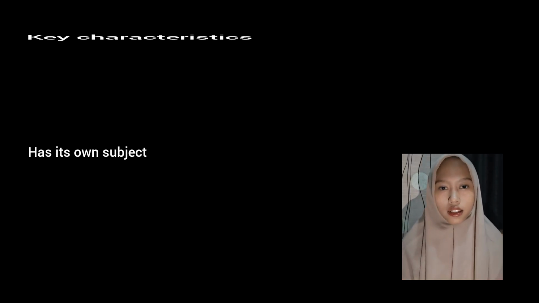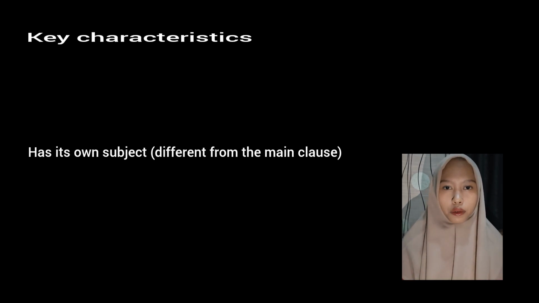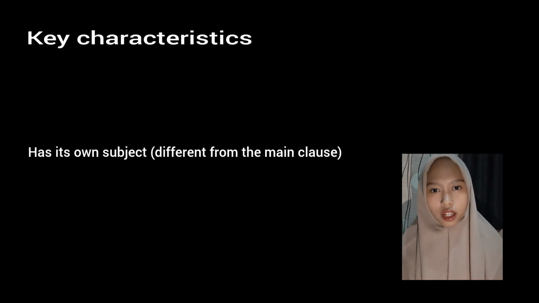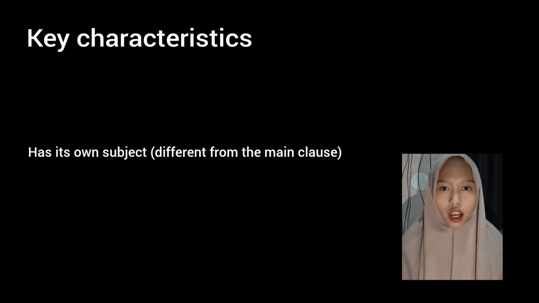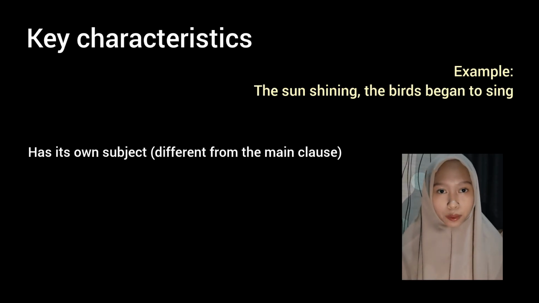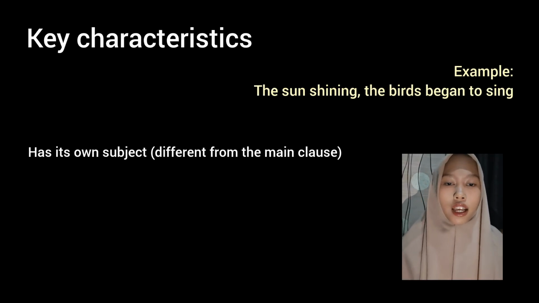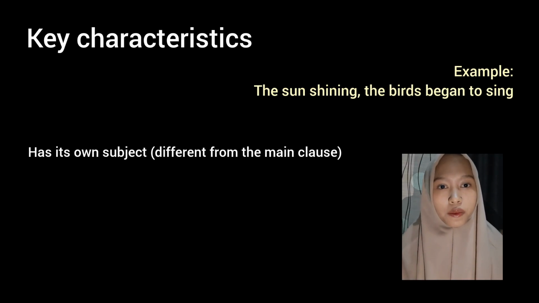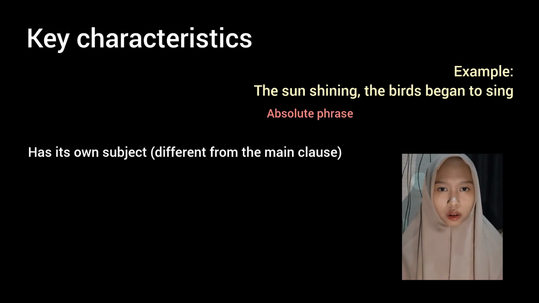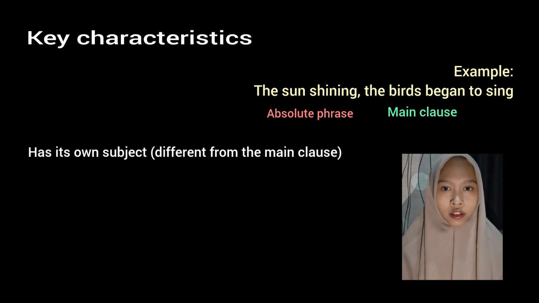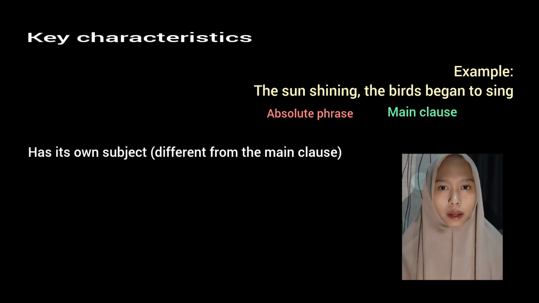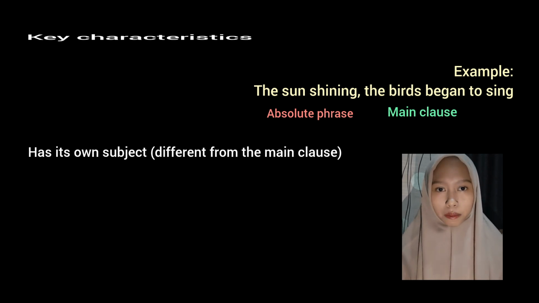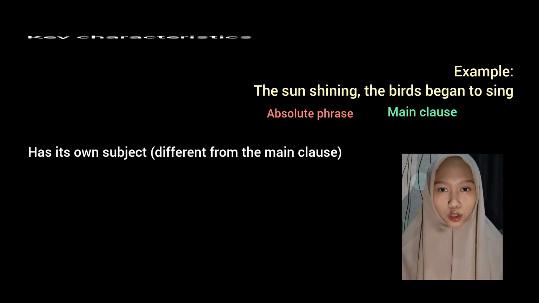An absolute construction usually has its own subject, which is different from the subject of the main clause. For example, in "The sun shining, the birds began to sing." The subject of the absolute phrase is the sun, while the main clause subject is the birds. They are not the same, and that's what makes the structure absolute.